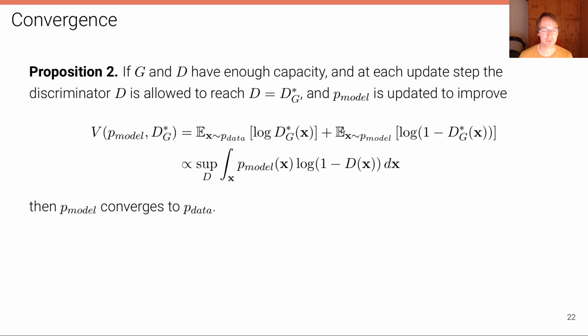This is what we know already, right? So this is just the GAN formulation, the criterion for the GAN, with the D replaced by the optimal D for a particular G.